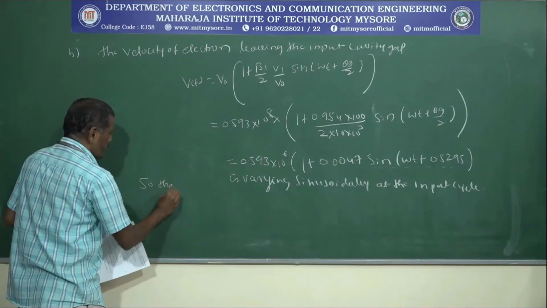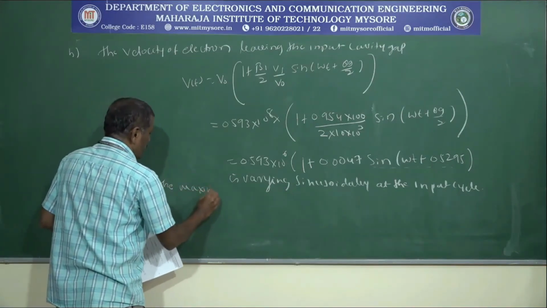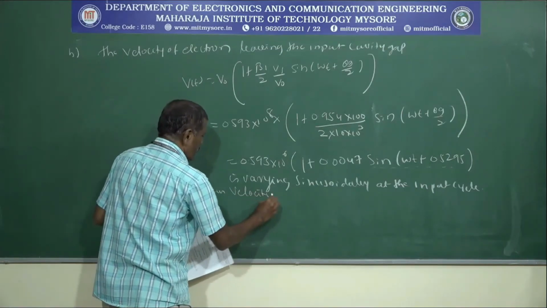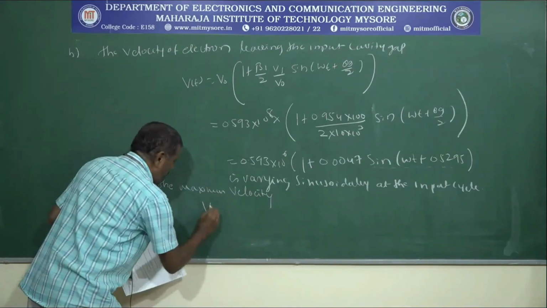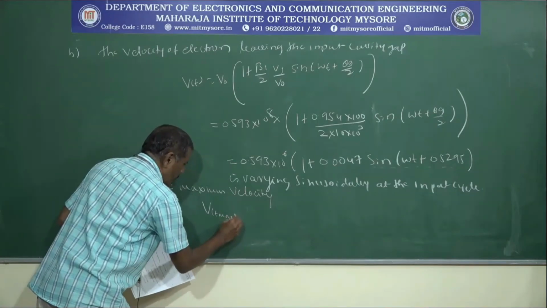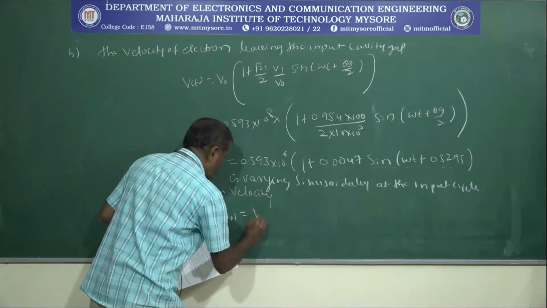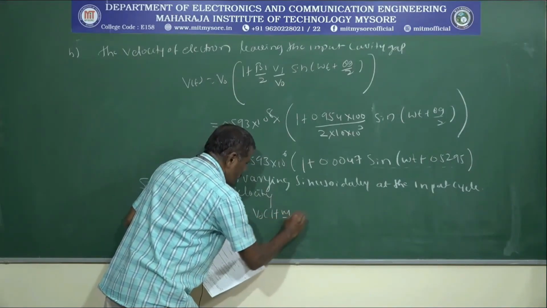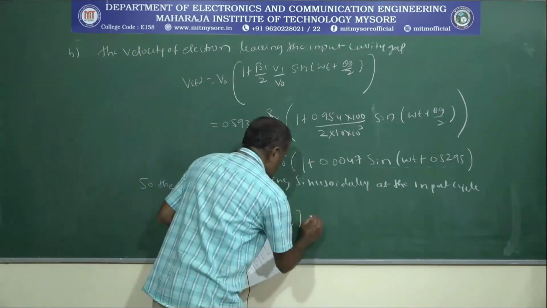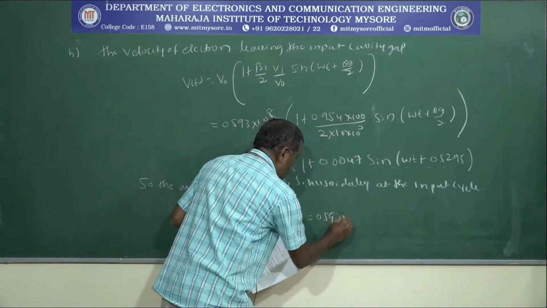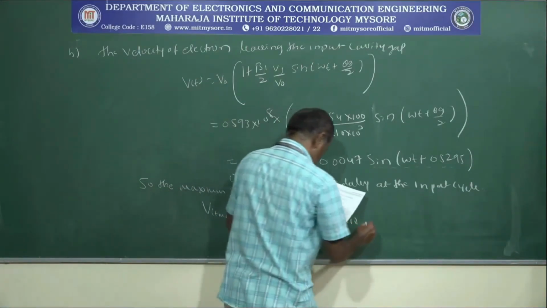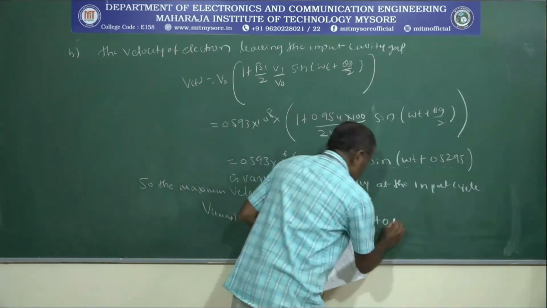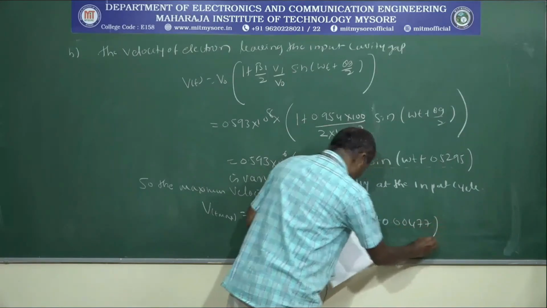So the maximum velocity is V at maximum equal to V0 into 1 plus m by 2. So this is equal to 0.593 into 10 to the power of 8 into 1 plus 0.00477.